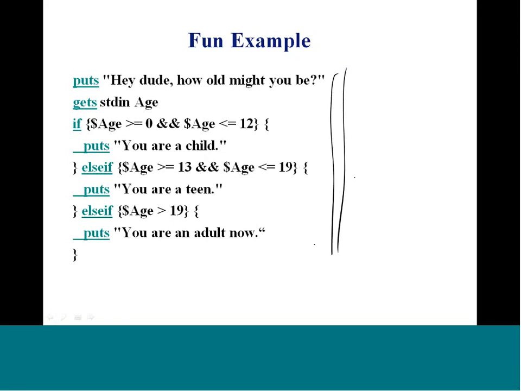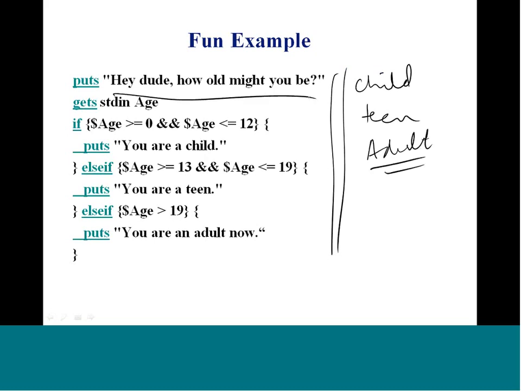This program identifies a person as either a child, a teen, or an adult. How does it do that? It asks a question, how old are you? And then it gets that value. It takes it from the standard input and assigns it to a variable called age.